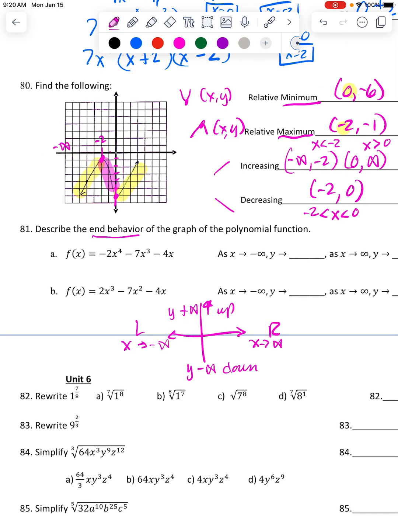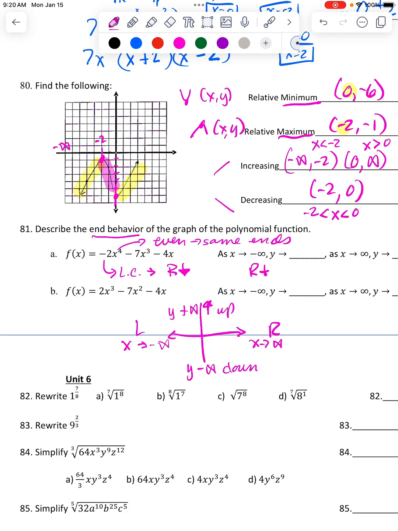So we learned to look at the degree, which is even in this case. Even means they'll be the same ends, so both going up or both going down. Then we look at the leading coefficient and say, well, that's negative, which means the right end is going down, because the leading coefficient tells you what the right end is doing.